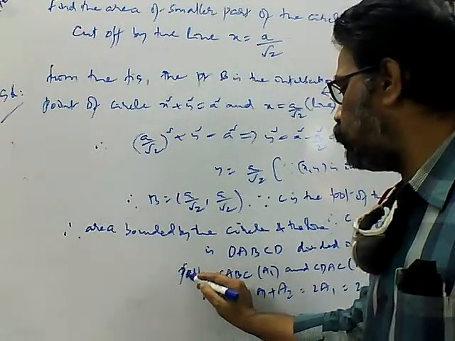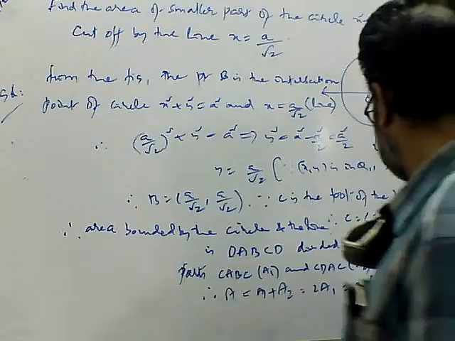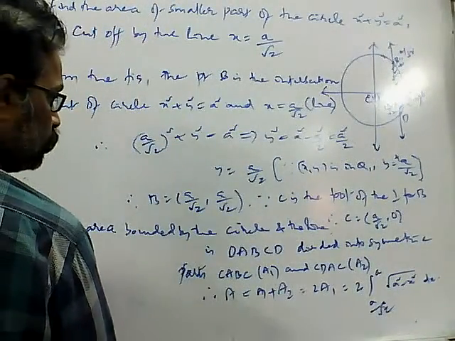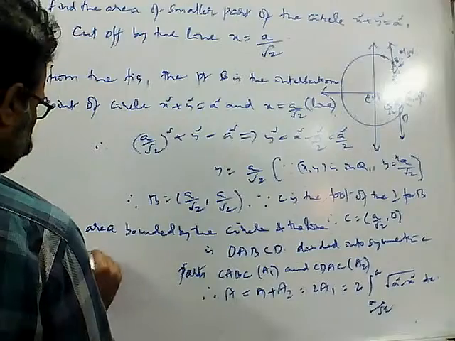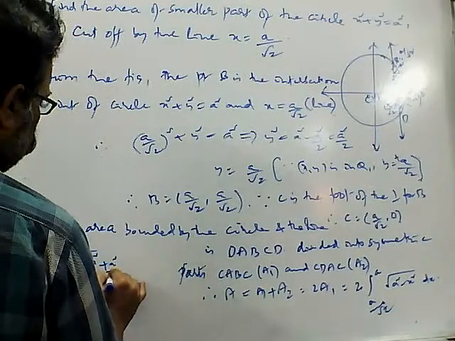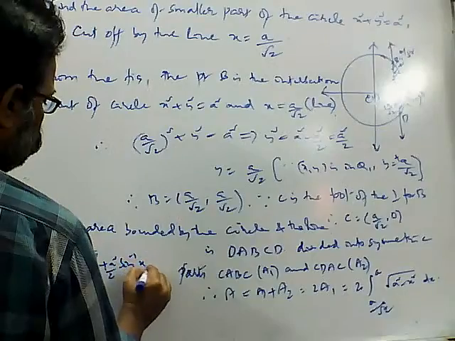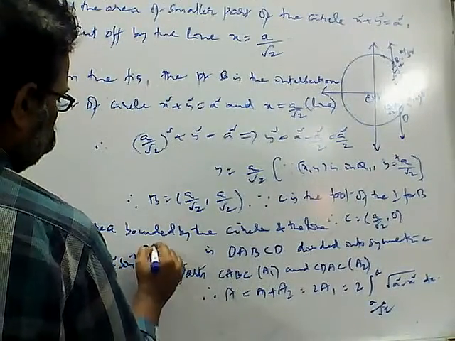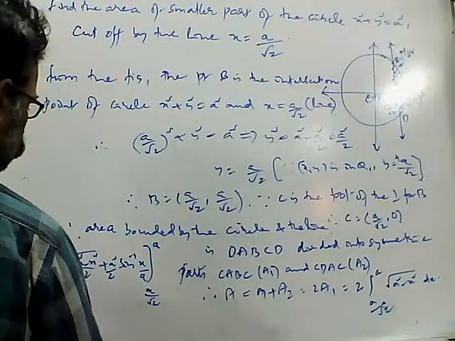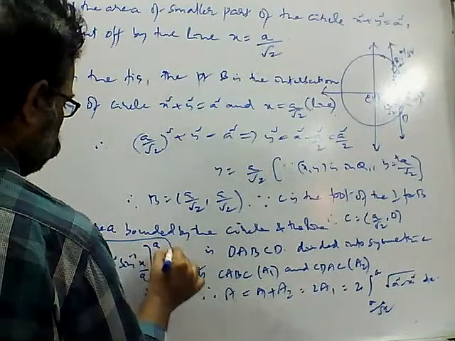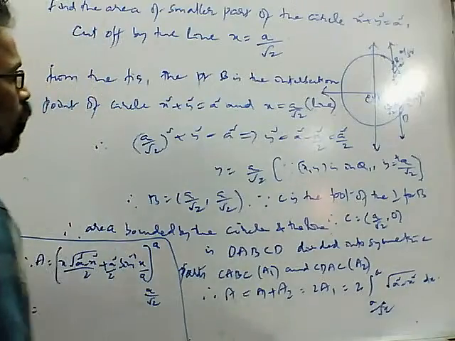Okay, now you have to find this area. Therefore, A is equal to 2 into [x into root of a squared minus x squared by 2 plus a squared by 2 into sine inverse of x by a] from a by root 2 to a. Now this part you have to simplify.